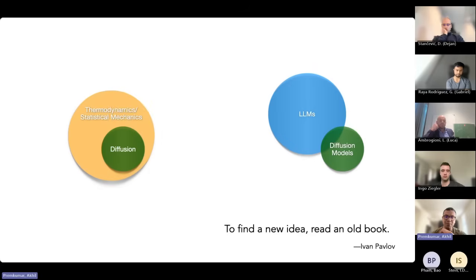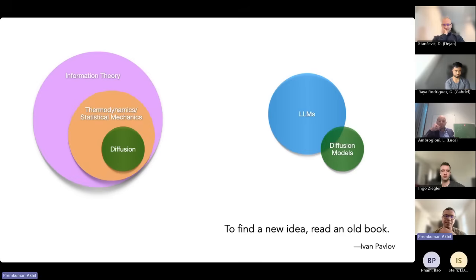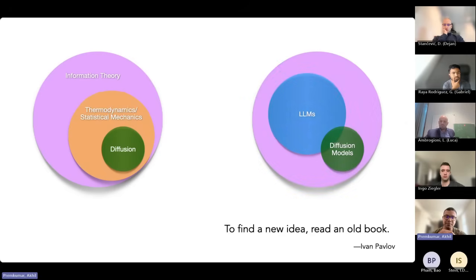Thermodynamics is also just an instantiation of information theory: it's information theory applied to physical systems. So the broad theme of my research right now is to see if we can use this connection between diffusion and information theory to import some information theoretic ideas into machine learning.